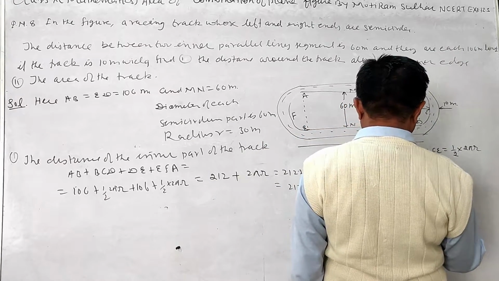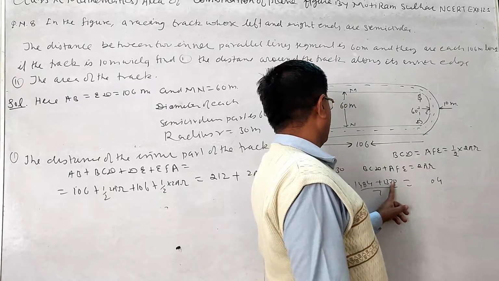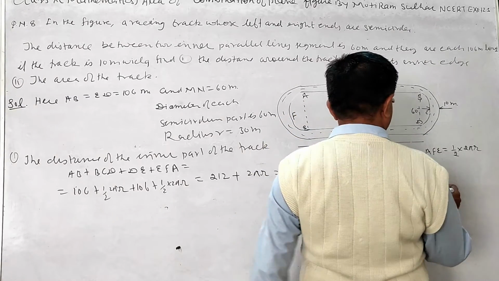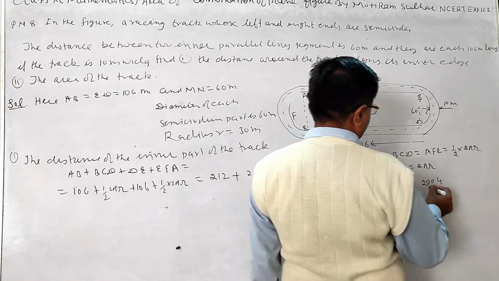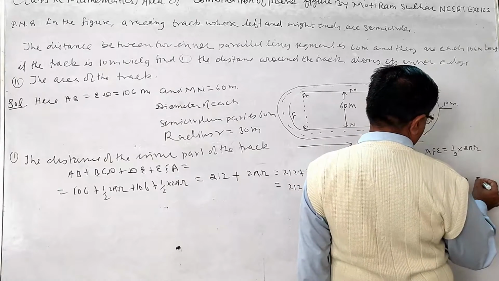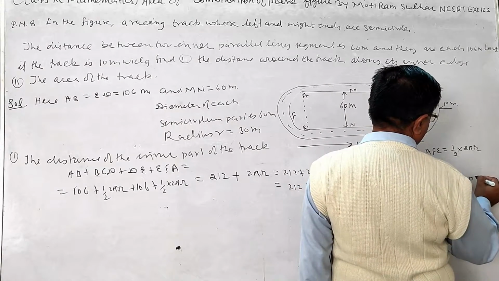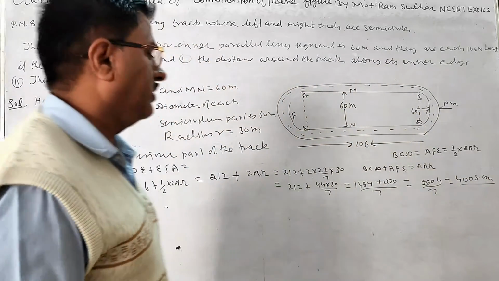So this is 4 4 0 4 8 to 10 1 4 or 3 7 1 8 and 2 by 7. So you can divide, 400 approximately meter. So this is the length of inner part.